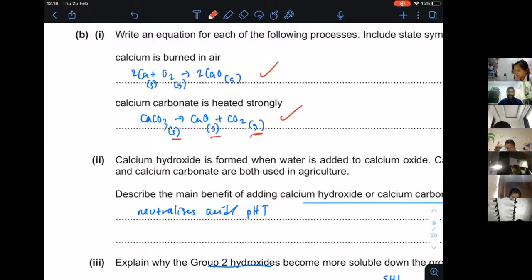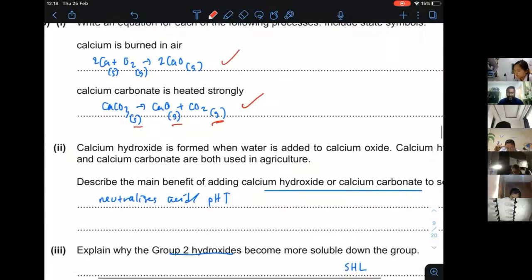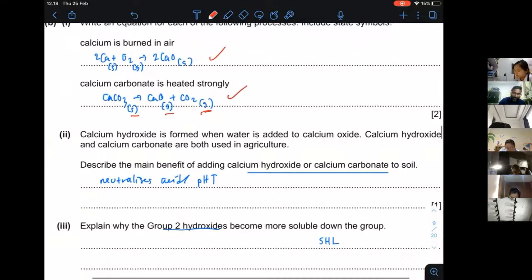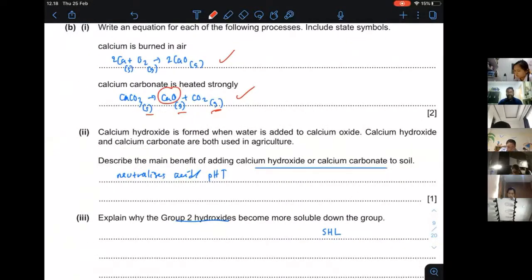Carbon dioxide is a gas. Now, calcium hydroxide is formed when water is added to calcium oxide. When water is added to calcium oxide, you are going to get calcium hydroxide. This one I hope you remember.